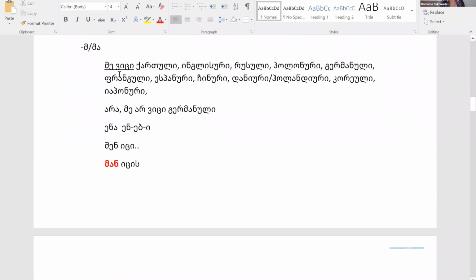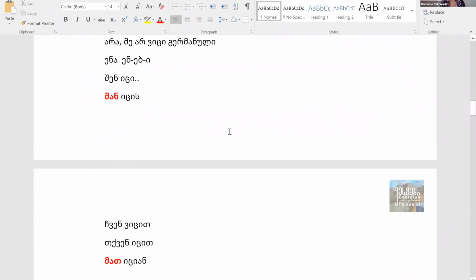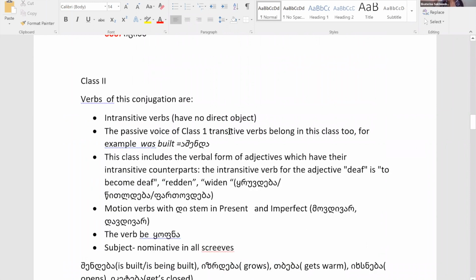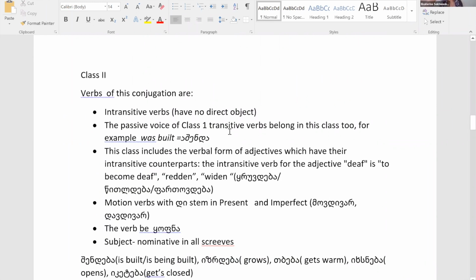გასაგებია. So, გავაგრძელოთ class 2. მეორე კლასი. The verbs of this conjugation are intransitive verbs. They are passive voice. Usually, almost all first-class verbs can have the second-class equivalent. Sometimes they can be conjugated according to the person, sometimes they have only the third person.